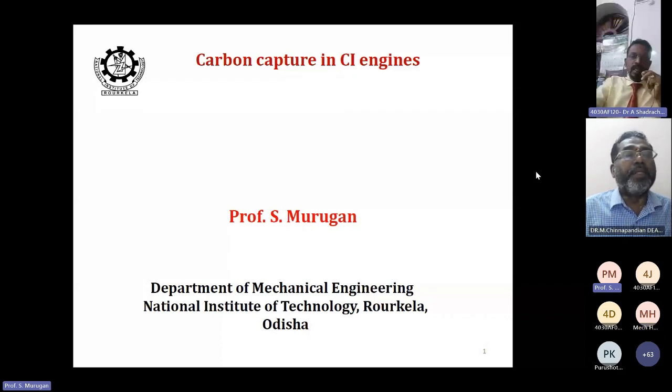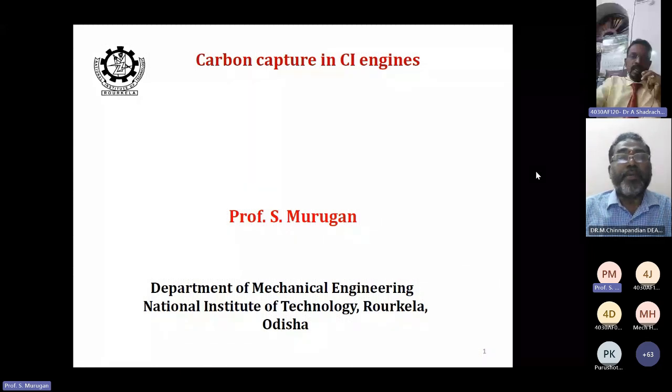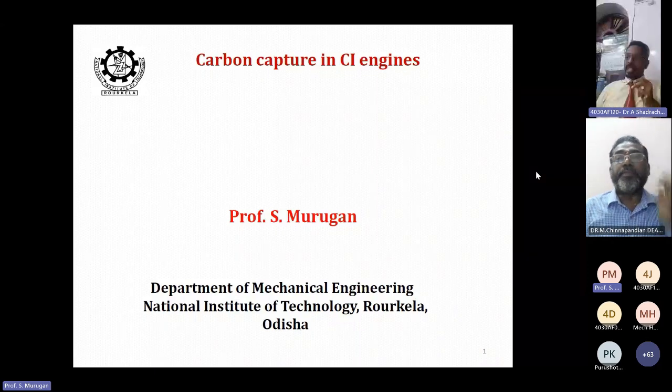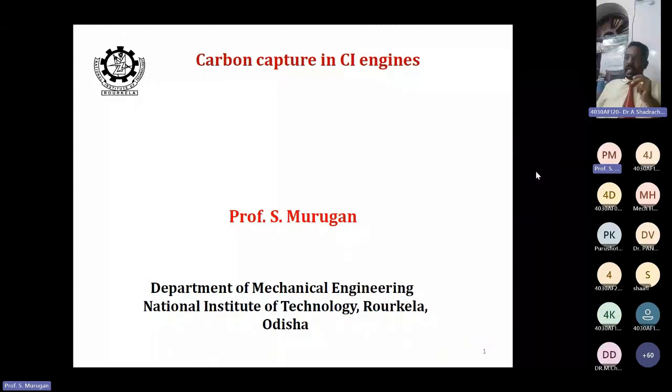It is an honor to introduce Murugan, Professor of Mechanical Engineering at National Institute of Technology, Rourkela. Dr. Murugan has dedicated over 32 years to mechanical engineering, contributing significantly to research areas such as waste to energy, renewable energy, biochar utilization, carbon capture, combustion, and automotive engineering.